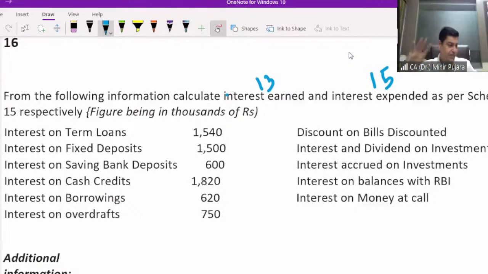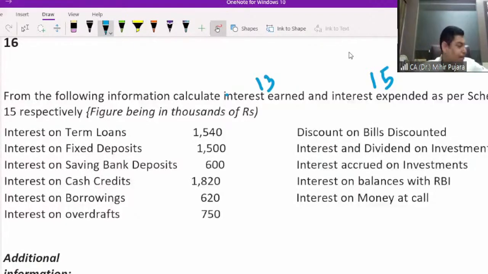13 is interest income. And I told you there are 4 amounts in 13: interest on advances and bills, interest on balance with RBI and other banks, discount, and income from investment. These 4 are part of 13. 15 is very simple: all interest expenses, interest on deposits and interest on borrowing. Okay, guys, so we are starting.